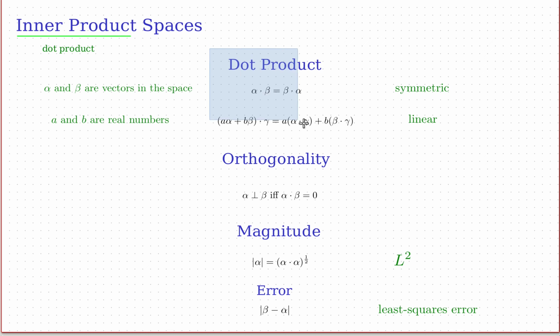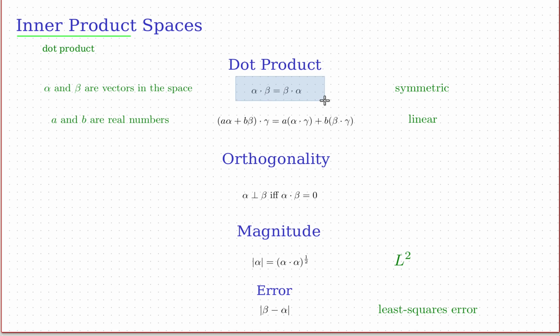So the important properties that dot products have to have, there's two of them. One is that it should be symmetric. Oh, by the way, let me point out that on this slide, I'm using Greek letters alpha, beta, and gamma to represent vectors in whatever vector space we're working in. And I'm using A and B to represent real numbers, scalars.